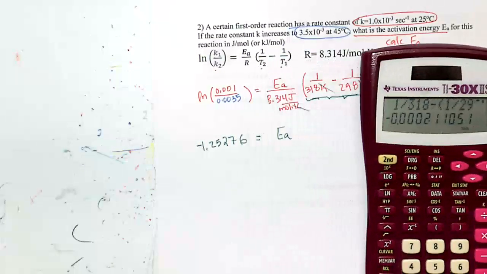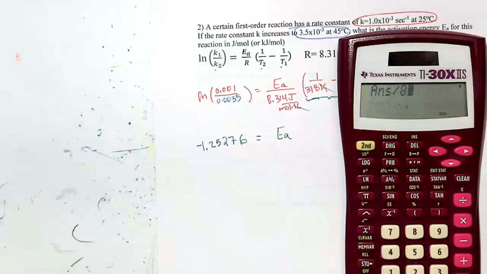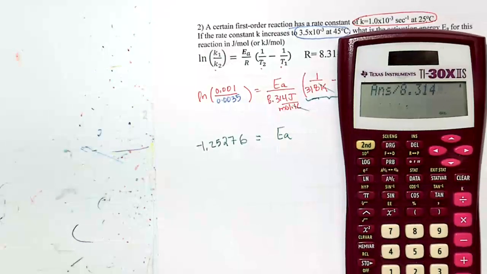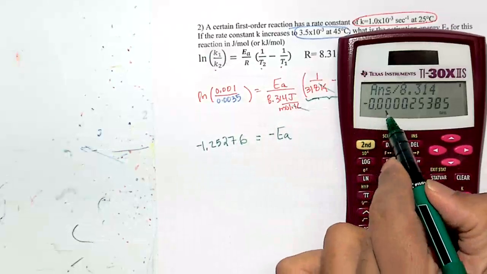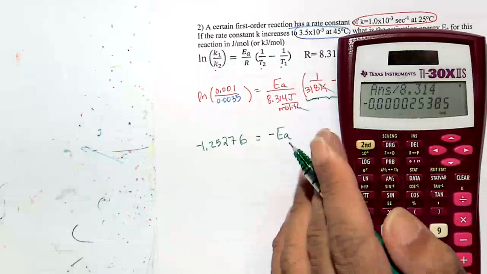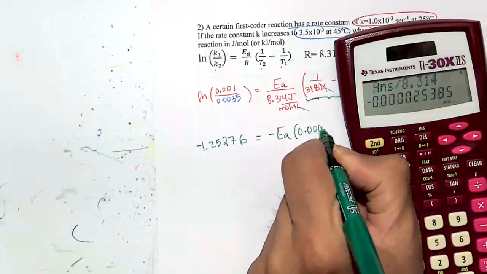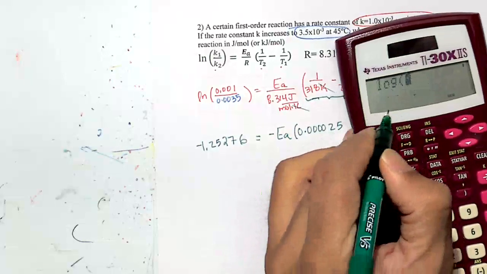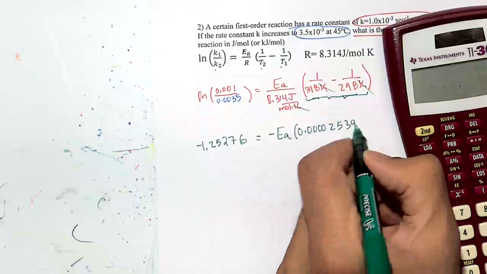Take this and divide it by 8.314, which is a constant. So I am getting minus 0.00002539. I'm putting in some extra digits.